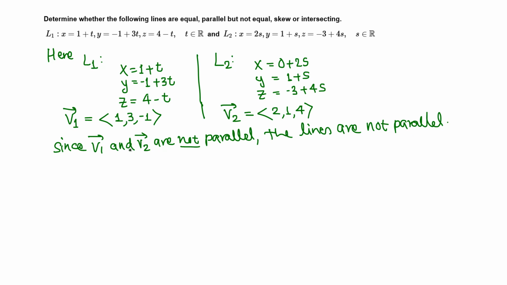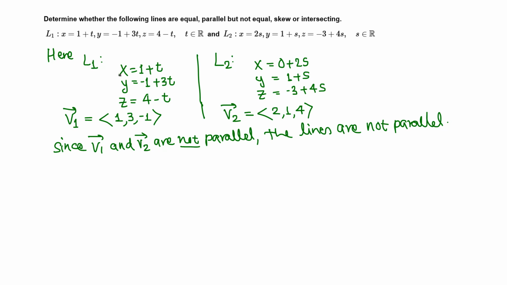Now let's try to find a point of intersection between these two lines. If we are able to find one, then the lines are intersecting. If we cannot find a point of intersection, then we call them skew.